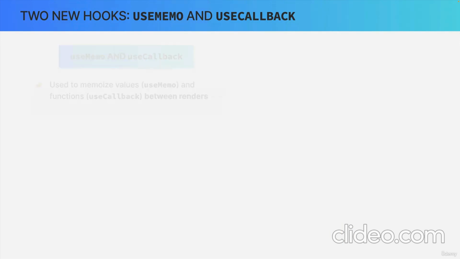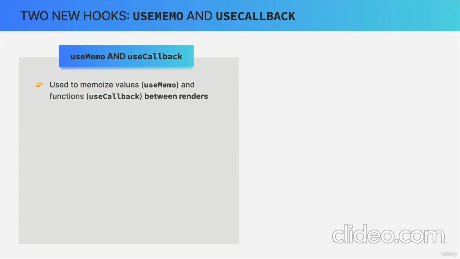So we can use useMemo to memoize any value that we want to preserve between renders, and useCallback to memoize functions between renders. And I will just use the word values for everything here, because useCallback is actually just a special case of useMemo. But anyway, what does memoization of values actually look like?